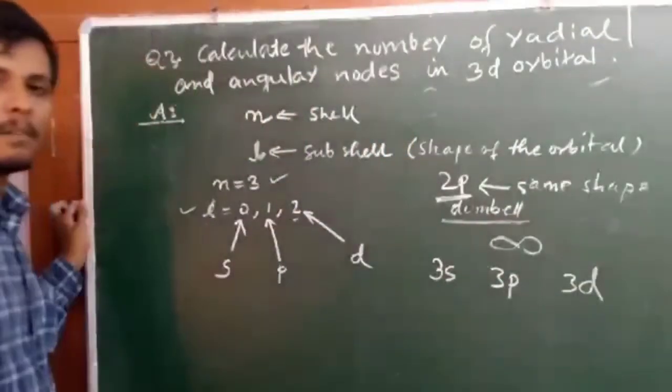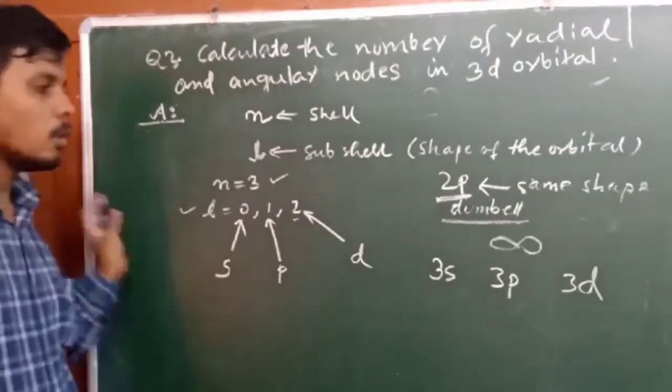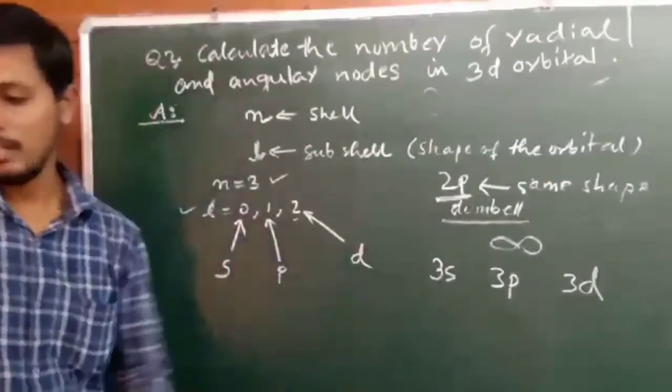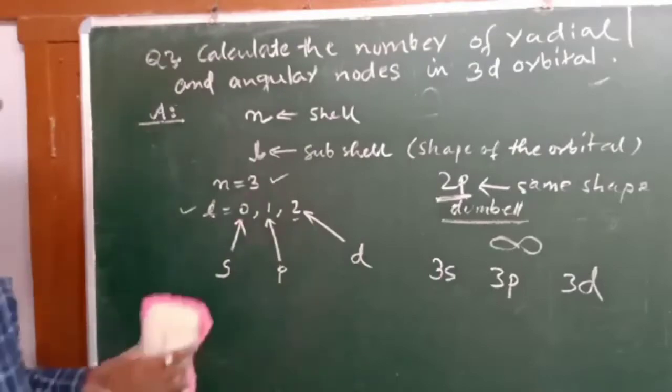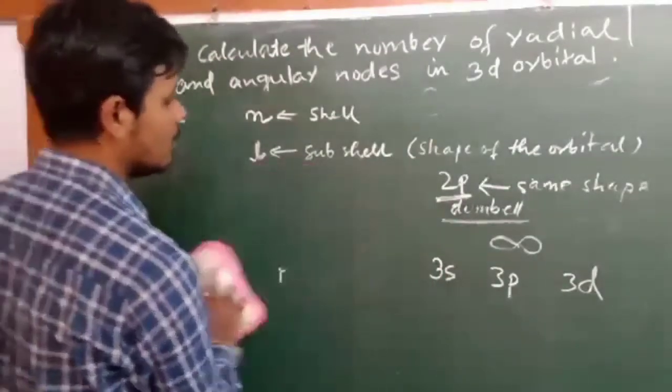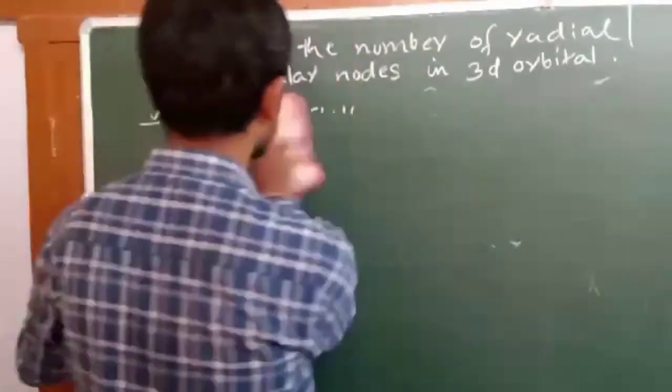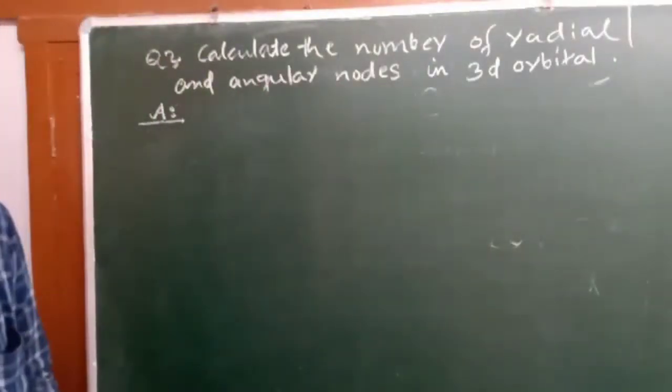Till now, we have not discussed the orbitals that are contained in the shell. The orbitals will be told from the magnetic quantum number.